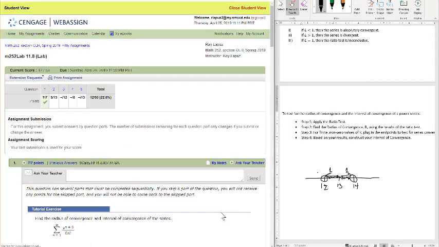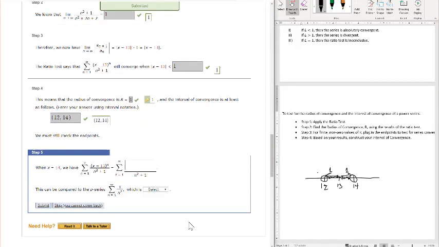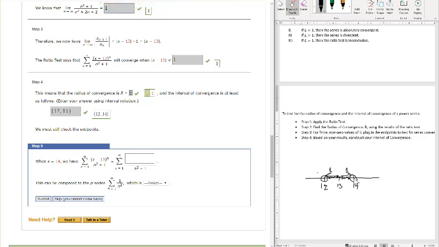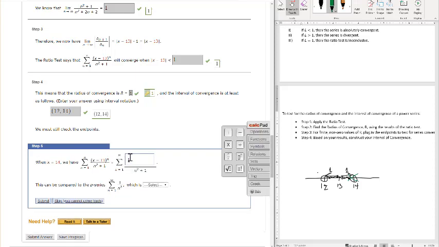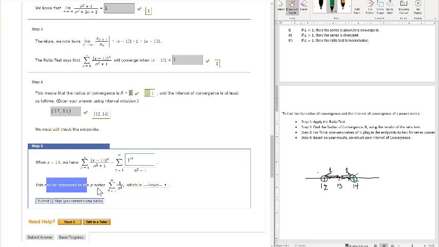For that, we must check the endpoints. We'll start with 14 to see if we're going to include that. We take x equal to 14 and put it into the series. We get 14 minus 13, which is 1. Technically, it's 1 to the nth power, but of course, that's equal to 1. And so this can be compared to the p-series.